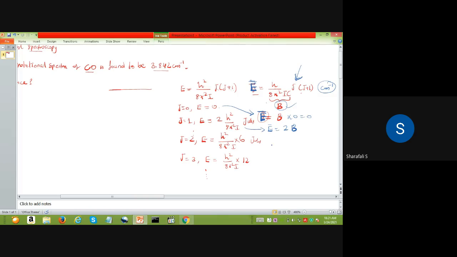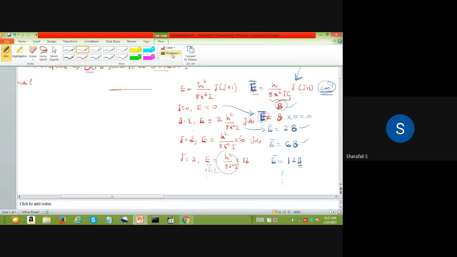Then we get E bar equal to 6B, then E bar equal to 12B, and so on. I am representing this quantity in terms of B. For that, I have to divide that energy by hc, so that our unit becomes centimeter inverse. But still, I am representing the same energy levels in terms of B. Okay. So how will these energy levels be?